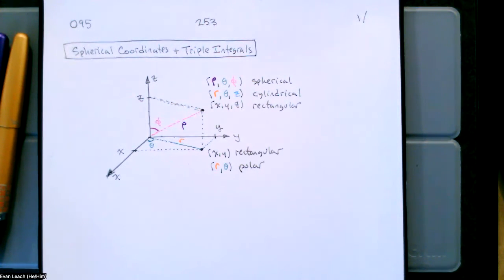Here, spherical coordinates and triple integrals, that was like 5 minutes. Heck, man. Things just speed up. It's hard to be sitting in a math class and hear the words, things are speeding up.